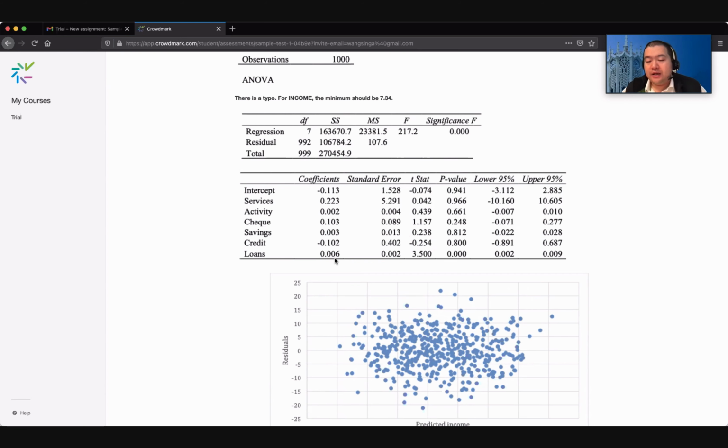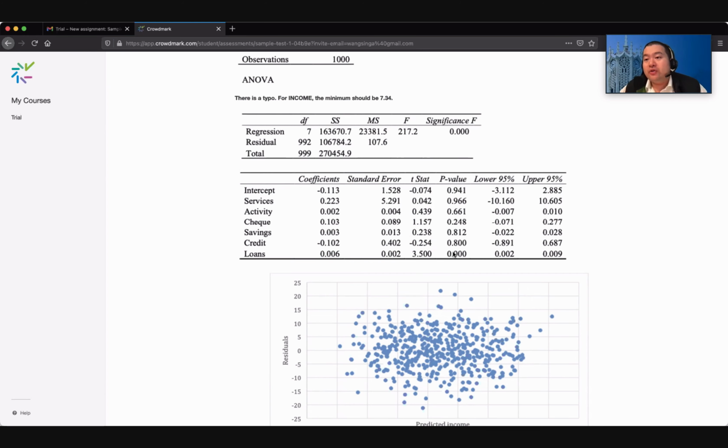And the loan has a positive coefficient, right? And also a very, very low p-value, which is 0. So in this case, you can say, according to accounting or finance literature, loan definitely influences the income, because according to economic theory, banks make money by issuing loans.